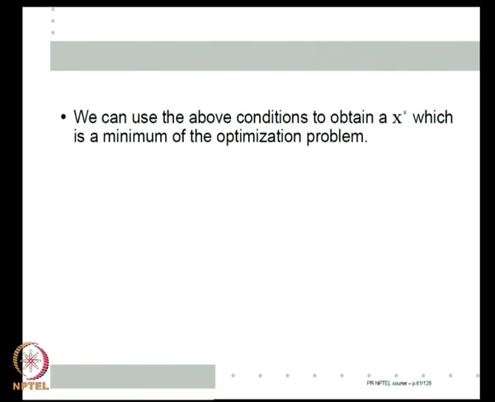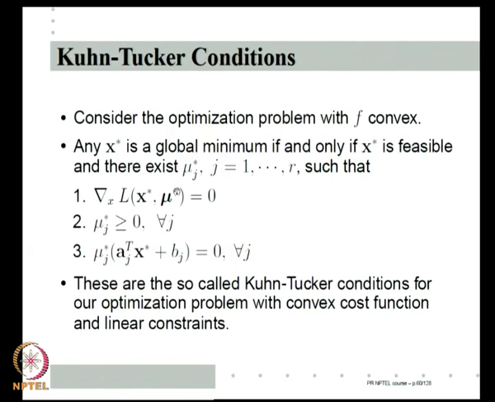Essentially, because we know all the A j's and b j's and f is given to us, I can calculate L, I can find the gradient of L, equate it to 0 and then make some guesses about which of the constraints are active, which are inactive, right. Active meaning when is A j transpose x star plus b j equal to 0, when is it strictly less than 0.